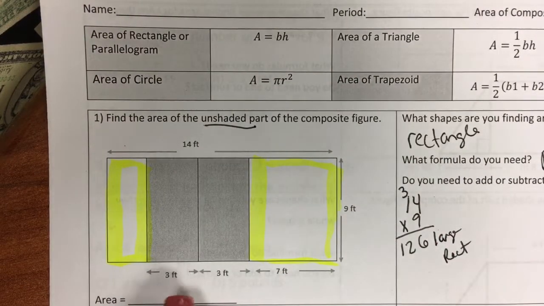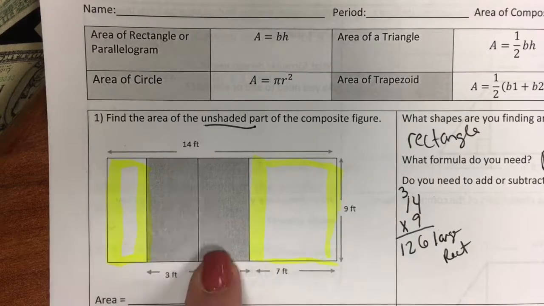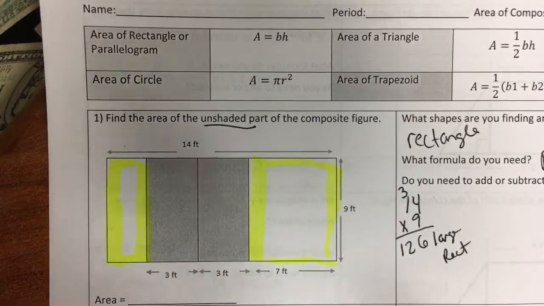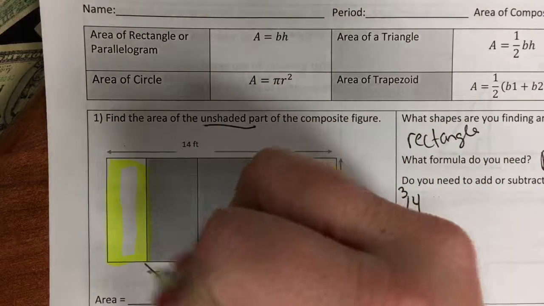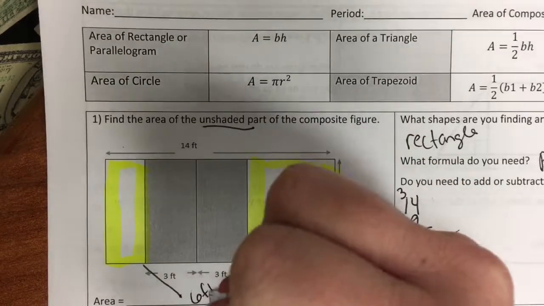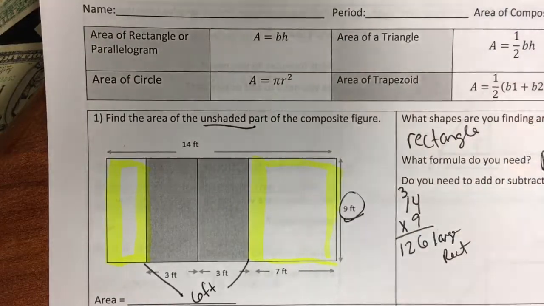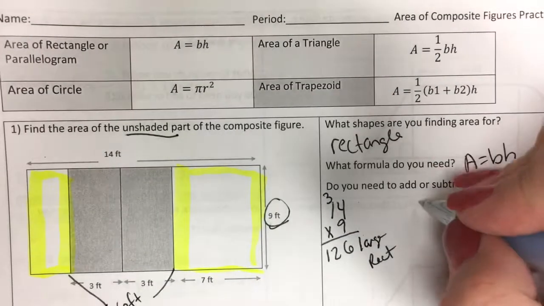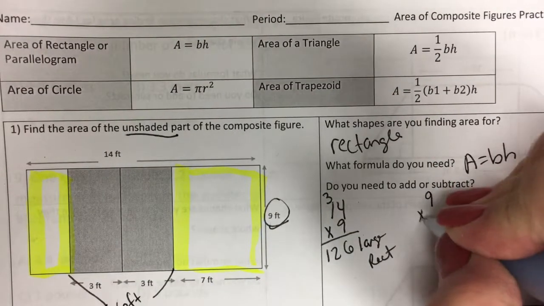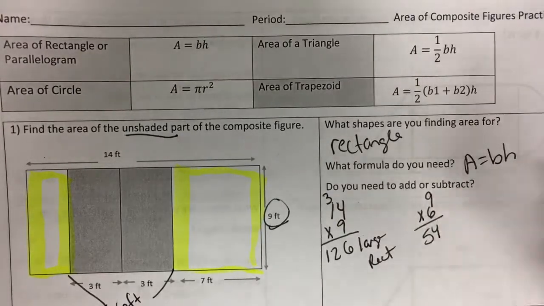Then I could find just the area for these two rectangles. Okay, you have a couple different options, but this is 3 feet and this is 3 feet. So together from here to here is 6 feet. And then the height is still 9. So I can multiply 9 times 6 and get 54.